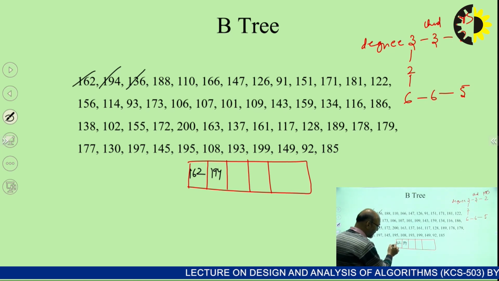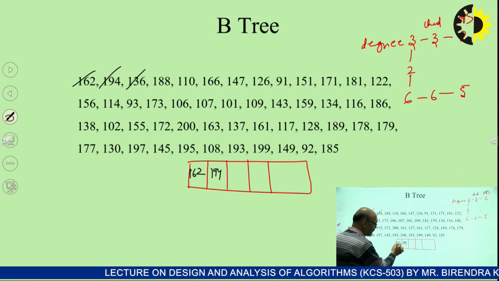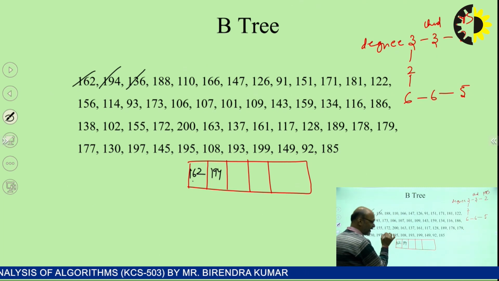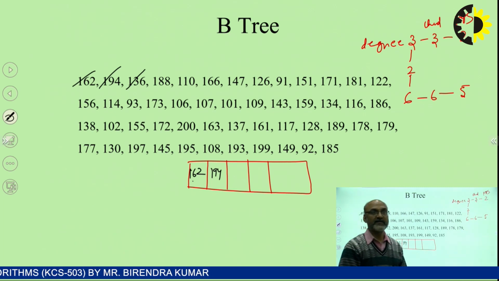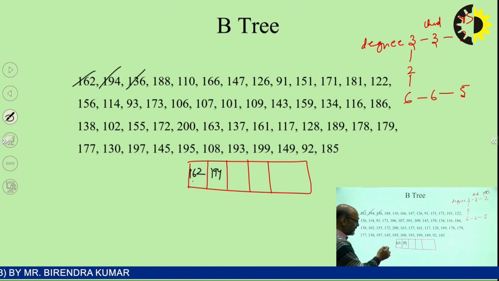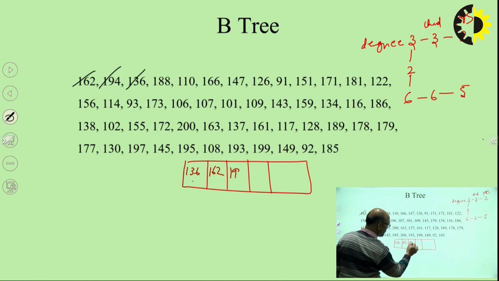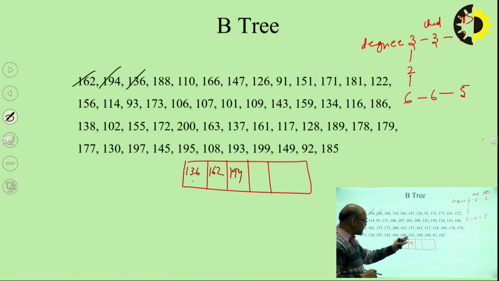It will be compared with 162. 136 is less than 162. So it is supposed to reside here, means left of 162. So we will juggle this a little. The first value is 136, the second value is 162 and the third value is 194. This will keep the search property not violated: increasing order of key values.